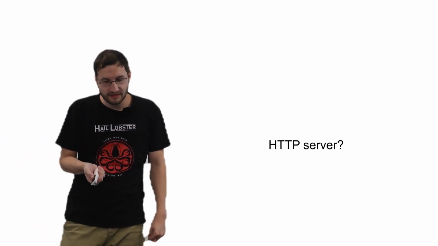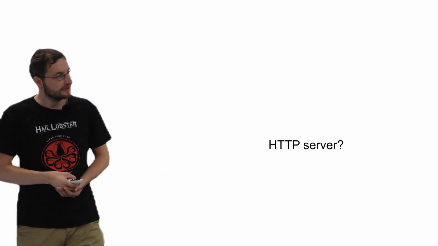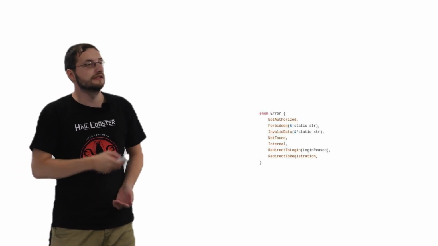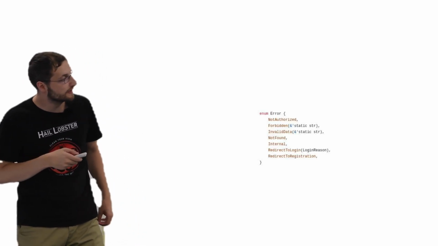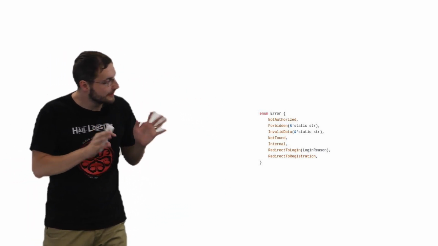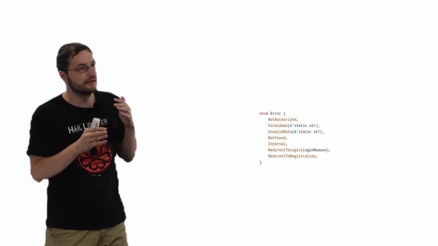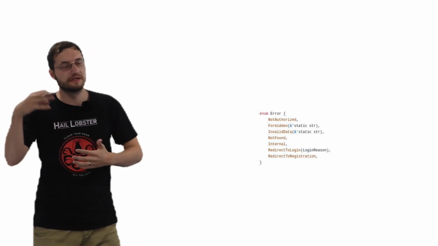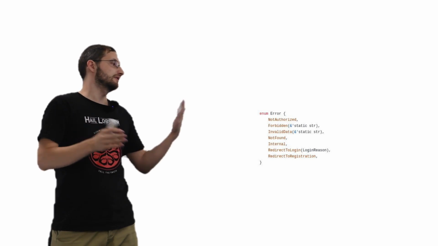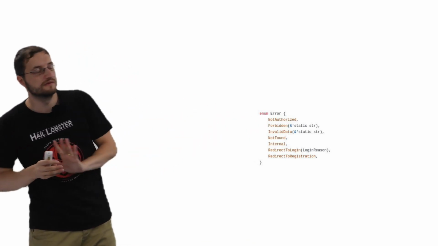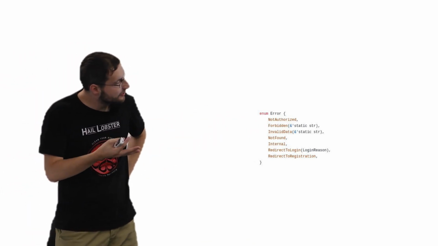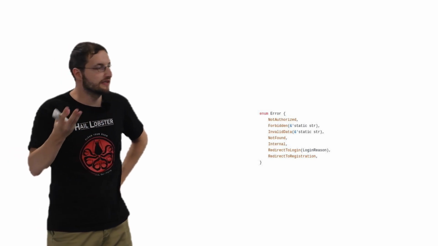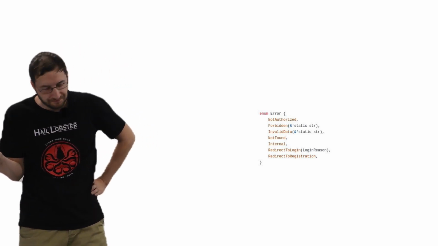So for HTTP servers, I figured out that this pattern is really nice, where you have an error that maps to whatever response you want to send. If you look at this, you would say, wouldn't it be easier to just send back the response?